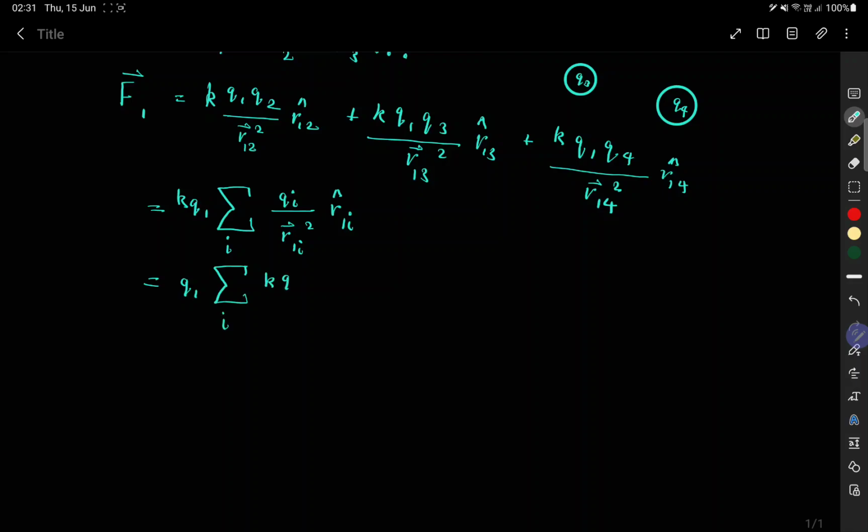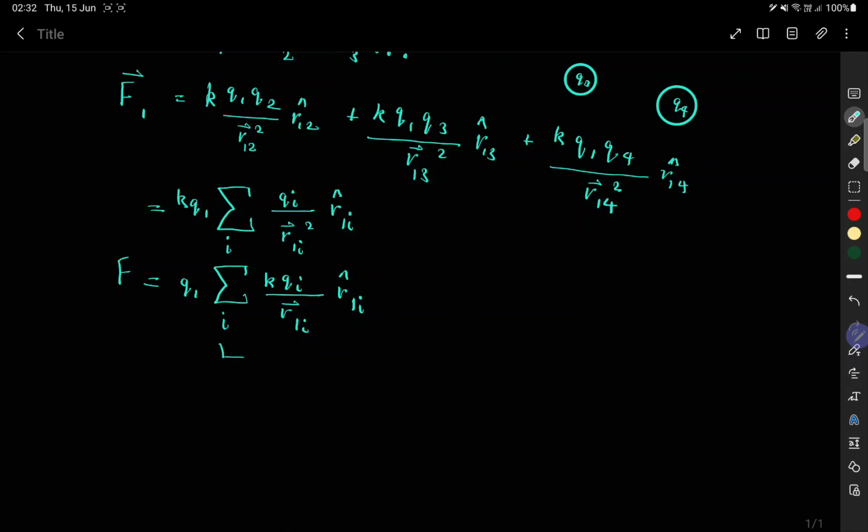So you get KQ_i by r_i squared, r_i hat. Now, we've basically turned force into Q times some quantity.